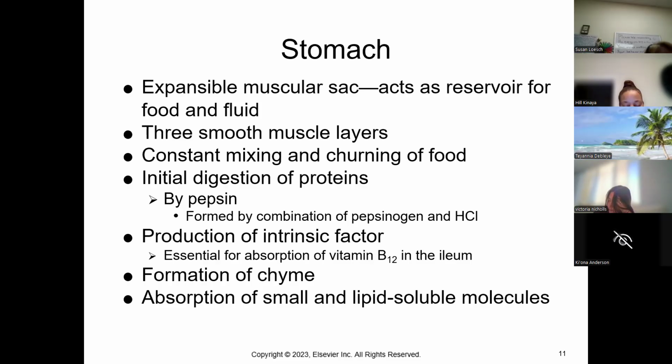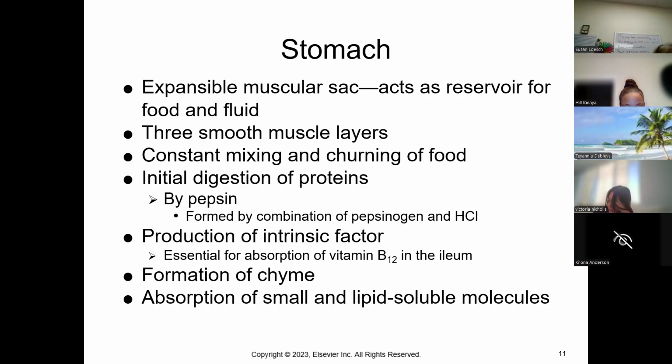Those secretions are helping to maintain the gastric content in there. They are going to help dilute the gastric contents, and it makes that chyme, which is like a creamy material, and that starts the digestion of protein.